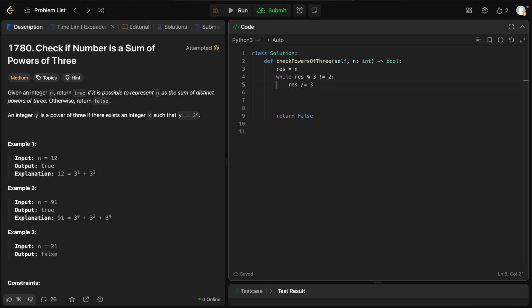So this will be 4. Zero, return true. I think this is it.